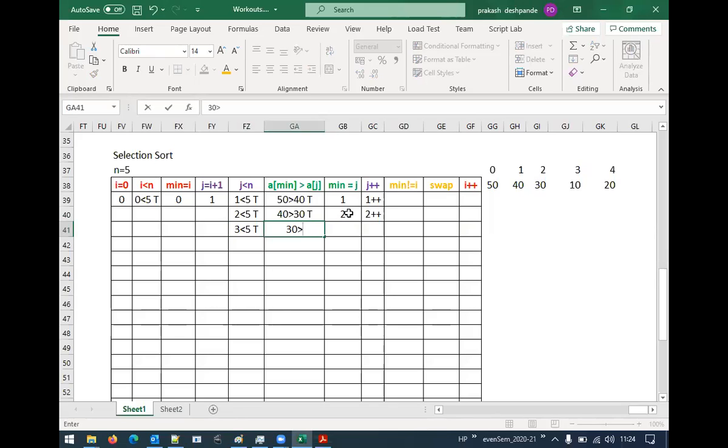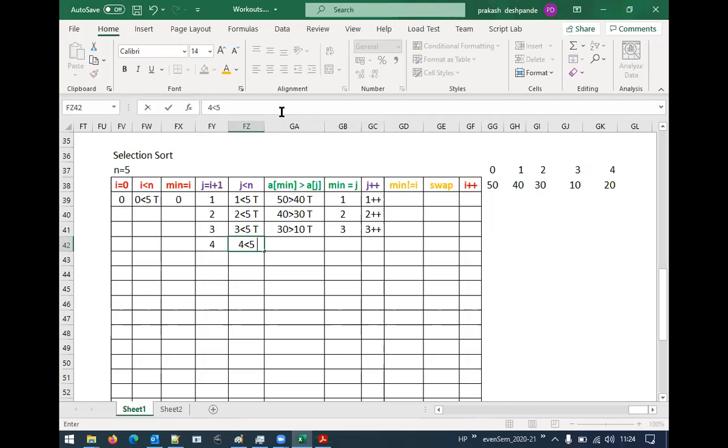What is the j value? Okay, let me write the j values here also. I just missed writing them. A of j here is 10. Is 30 greater than 10? Yes or no? Yes. Again, min will get updated as 3. Then j plus plus, right? Then next time j becomes 4.